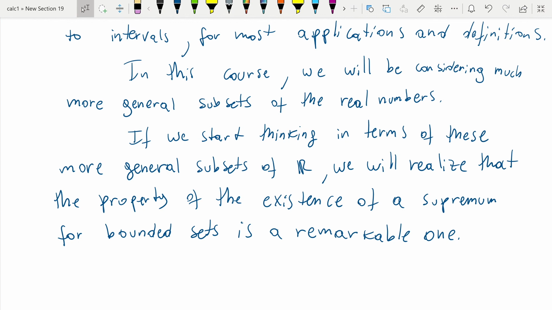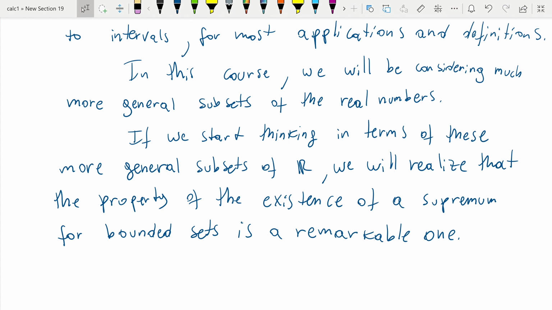And it's striking the kind of things we can do now that we have this property, and we'll be able to produce more and more sophisticated conclusions and more results that were not available to us.